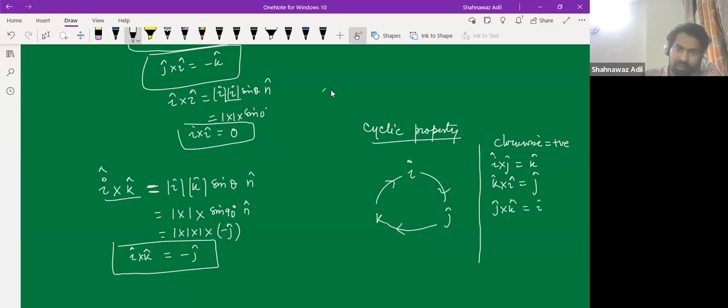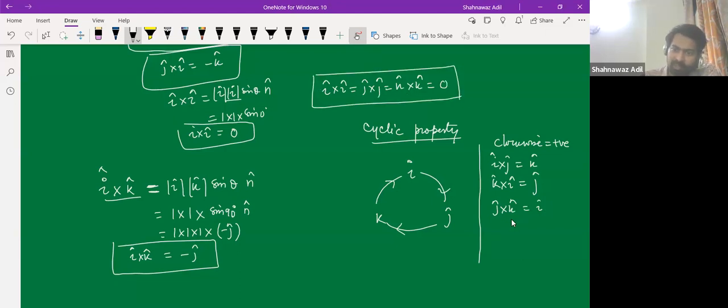We already know that I cross I, J cross J, and K cross K would be zero. Similarly, if we go anti-clockwise, it is negative.